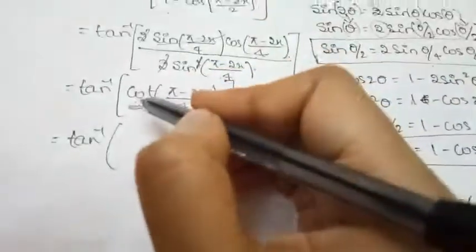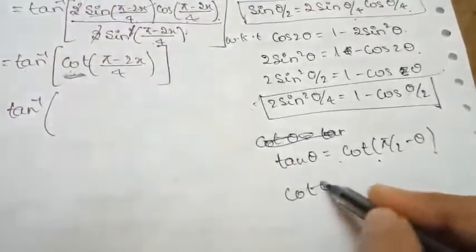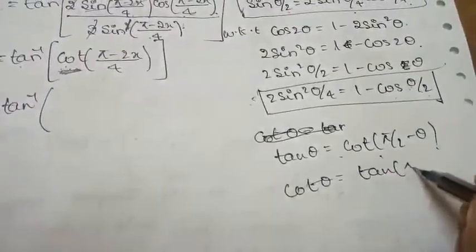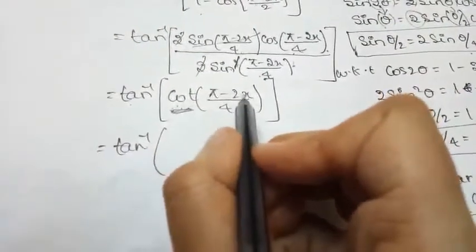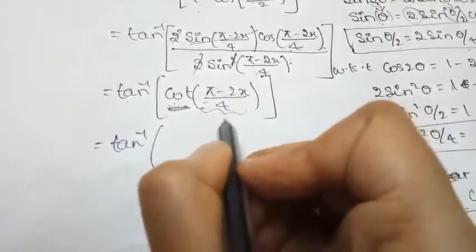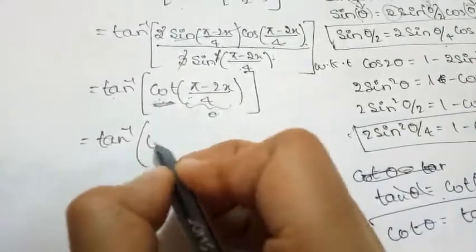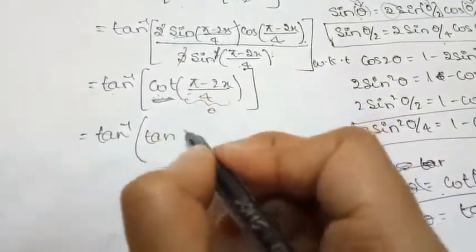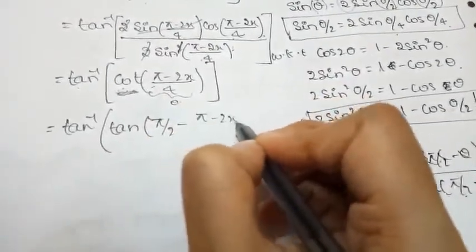Sorry guys, here we have the cot function, so I need to bring it to tan using cot theta is equal to tan(pi/2 - theta). So in place of theta we have (pi - 2x)/4, and cot becomes tan(pi/2 - (pi - 2x)/4).